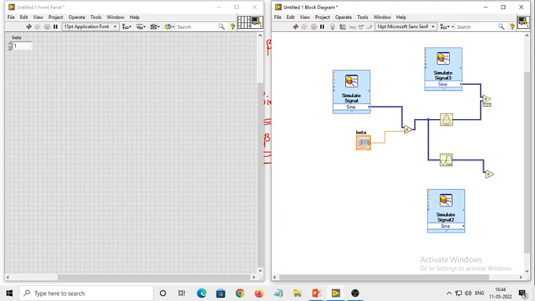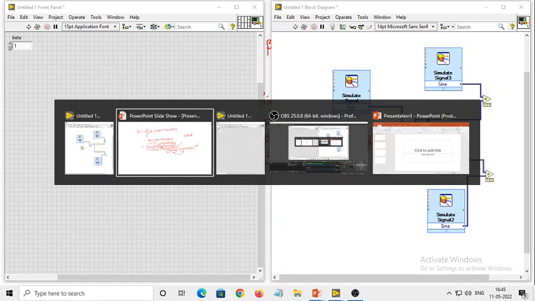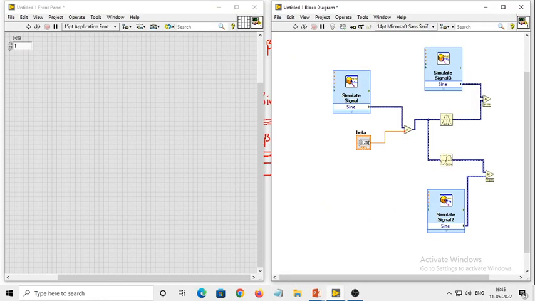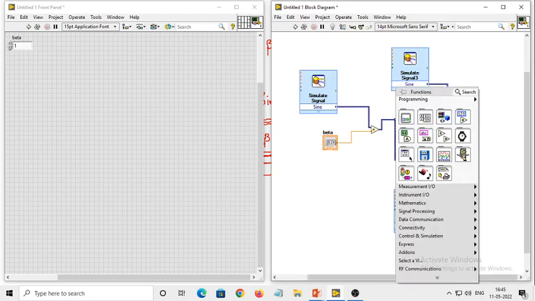Similarly, you need to extend the same for the bottom ones. Now we are done with this multiplication of cos terms and multiplication of sine terms. Now you need to subtract them. Okay, to subtract them you use a subtractor.